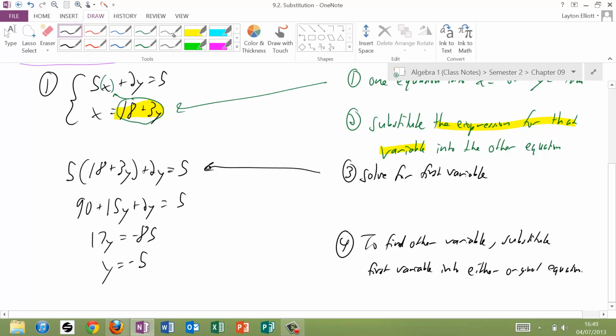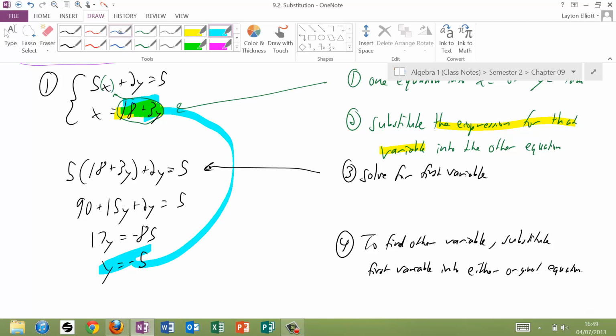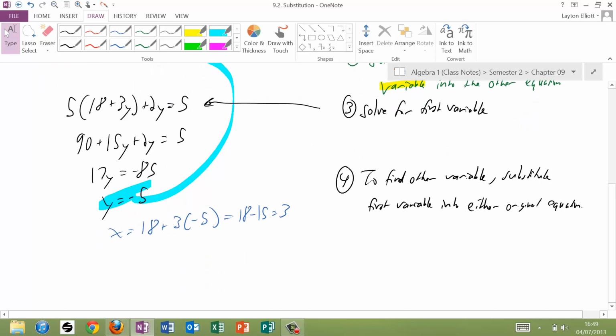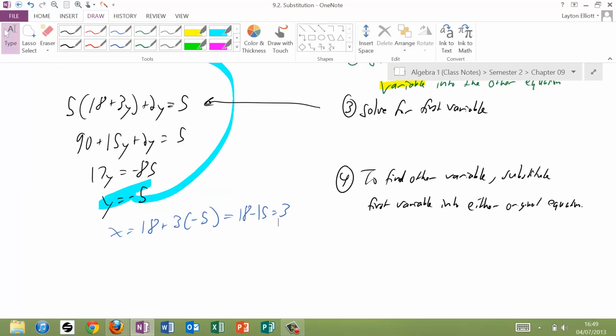I'm going to substitute it right in here because it's already solved for x, and that's going to make things easier. So x is equal to 18 plus 3 times negative 5, which is 18 minus 15, or 3. Finally, I'm going to express my solution as an ordered pair, x comma y, 3 comma negative 5, in set notation.